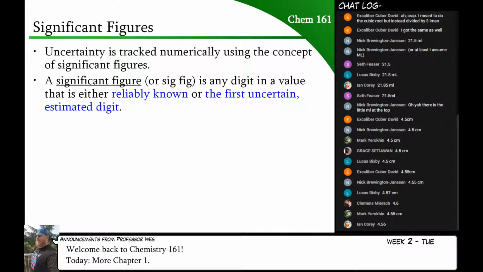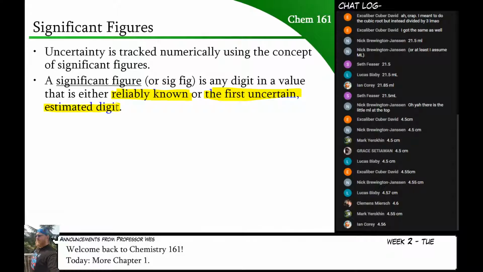It's any number that you know for sure, or you have estimated to some degree of certainty. So that last digit that I've been guessing, so like instead where everybody said 21.5 and I said 21.6, that digit that we estimated, the 5 or the 6 in my case, that's our uncertain estimated digit because we've narrowed it down.